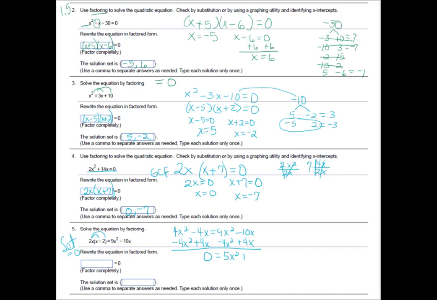Okay, that should be minus 6x. Okay, and I'm going to look again for my greatest common factor. So this time 5 and 6 don't have a number in common, but there is an x. So if I factor out an x, I'll be left with 5x plus 6. And then I can put those two equal to 0.